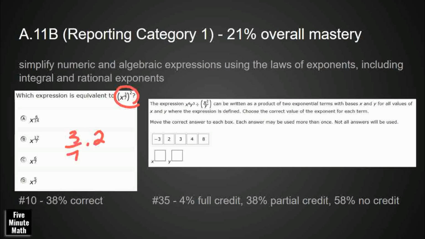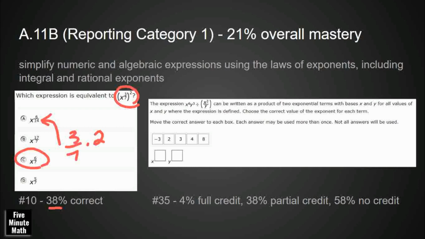But what does this mean? Does this mean that you multiply 2 by both, right? Because you've got 6/14 as an option. Or, the correct answer here, you multiply 2 times just the numerator, right? But even that little trick is going to be a difficult answer for some students to find, and only 38% of the students were able to identify that correctly.